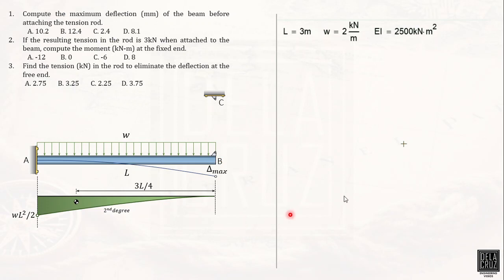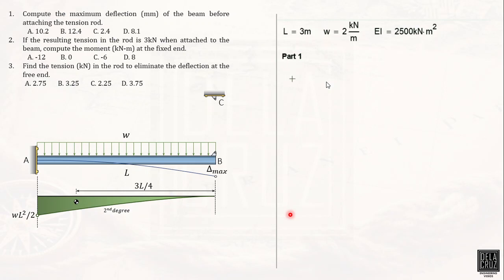I suggest that if you are preparing for the board exam, it is better to memorize the common formulas for deflection of cantilever beams, because that is very useful for solving faster.